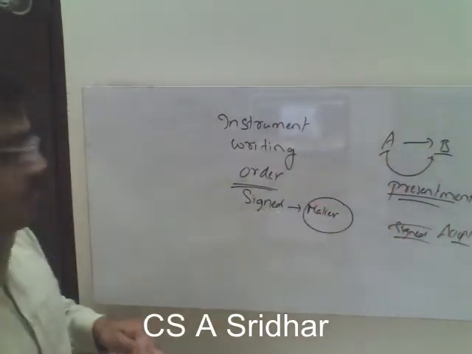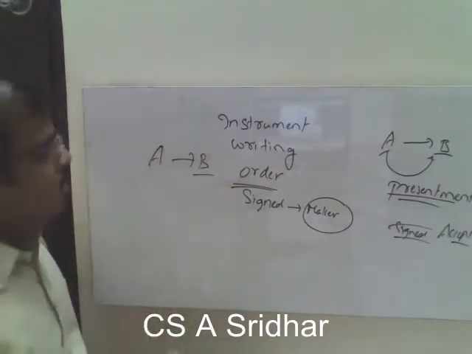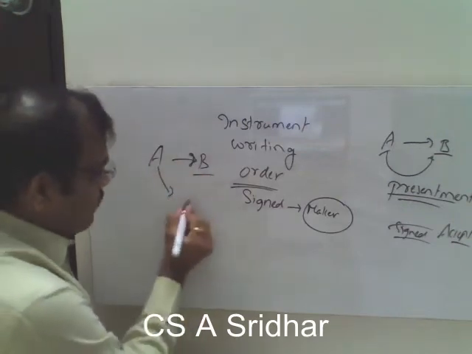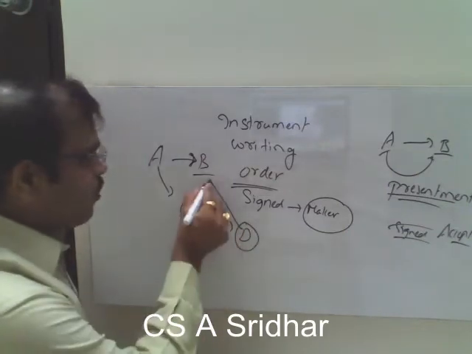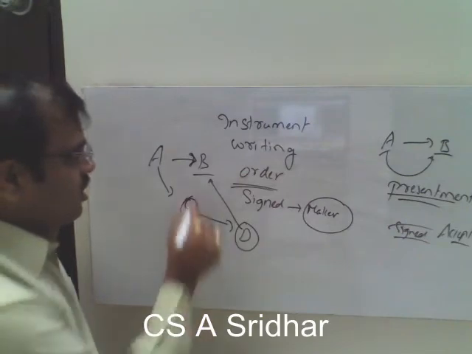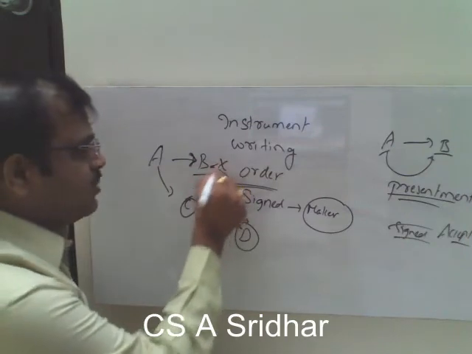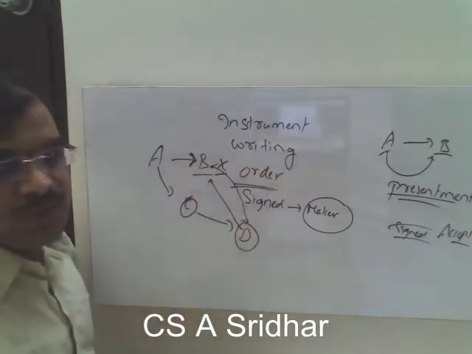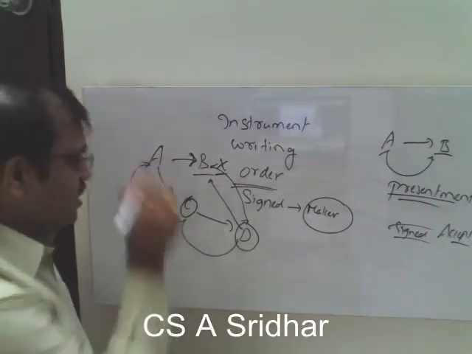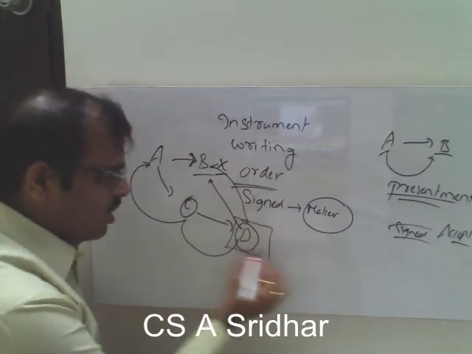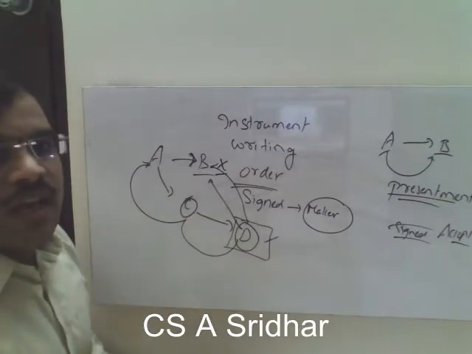Suppose take the example, A has drawn an instrument on B and it is given to C. C endorses the instrument to D. On due date, when D is approaching B, primarily B is liable to make the payment to D. If B fails to make the payment, D can approach either C or he can approach A. That means all the prior parties to this person will be liable.